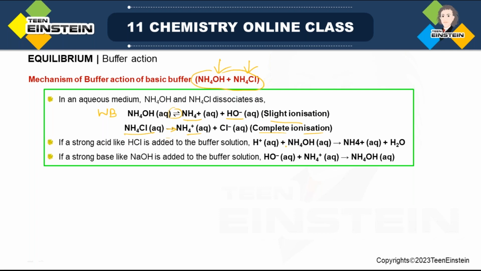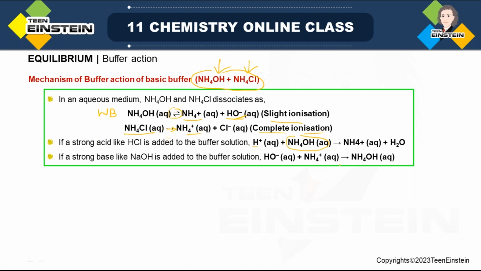Now when you are adding a small amount of extra HCl, there must be some basic component which will consume this extra H plus. So here the basic component we have taken is the undissociated ammonium hydroxide. You can also take HO minus. When HO minus consumes H plus, more NH4OH will be dissociated.